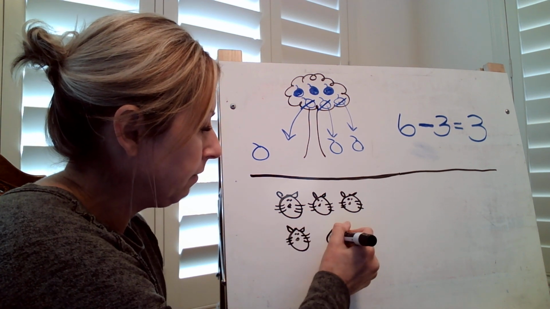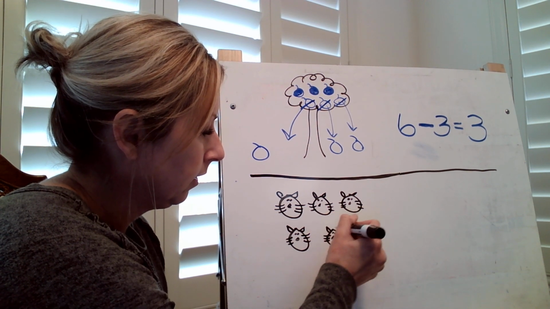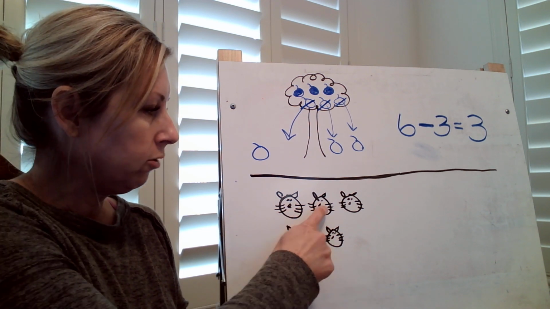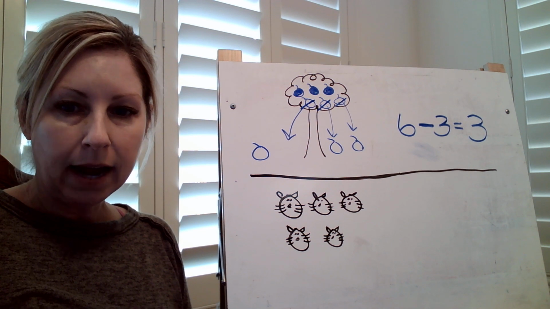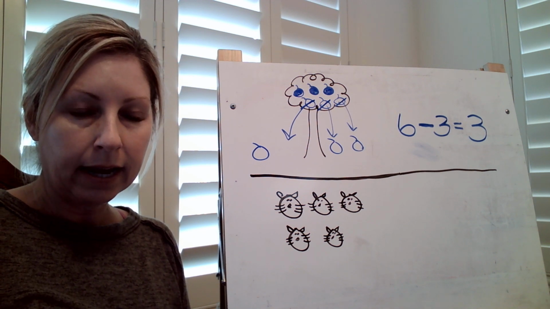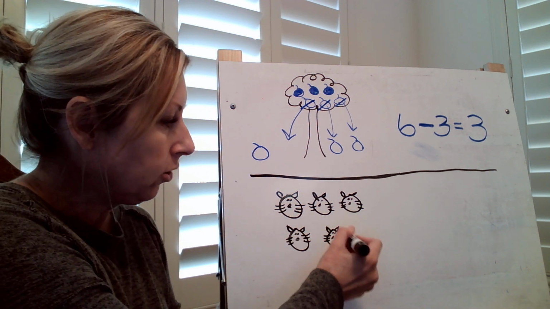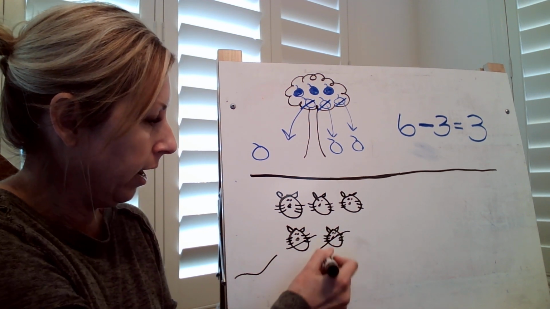But then something happened. Let me draw one more. That little guy kind of looks like a spider, huh? But these are my kittens, okay? So I had 1, 2, 3, 4, 5 cats. But then something happened and 2 of them got scared and ran away. I don't know if the wind came up or they heard a loud noise, but these 2 right here went, and they ran away.